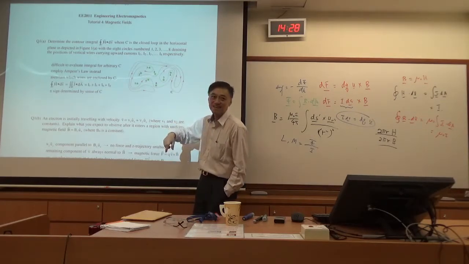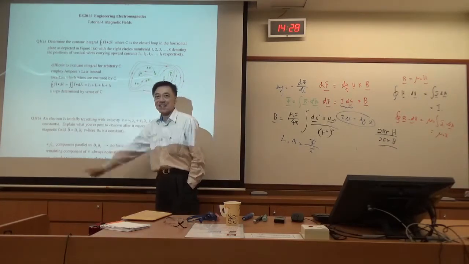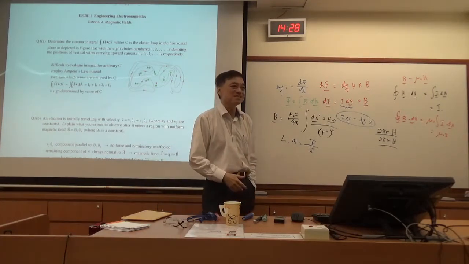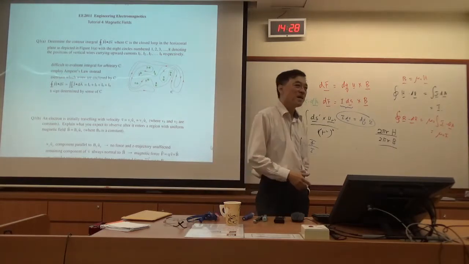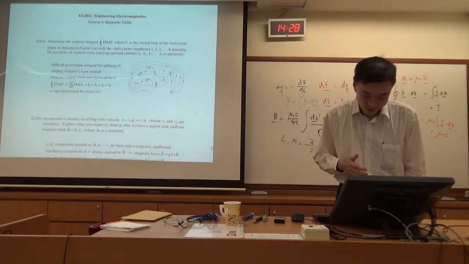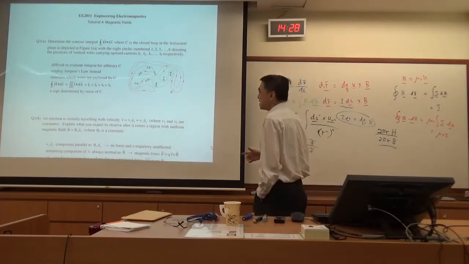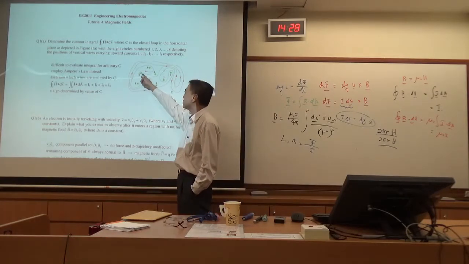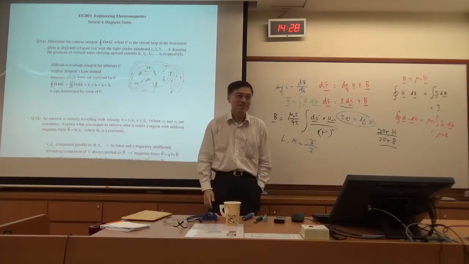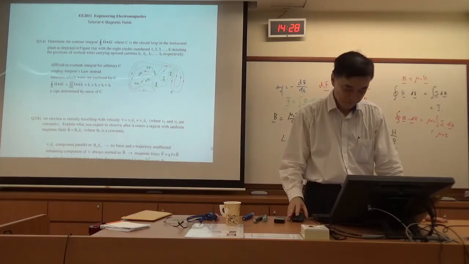Take a look closely and see whether you can see that 1, 3, 6, 8 are inside the closed loop C, and 2, 4, 5, 7 are outside. This one really tests the eyesight. But this one has nothing much to explain.